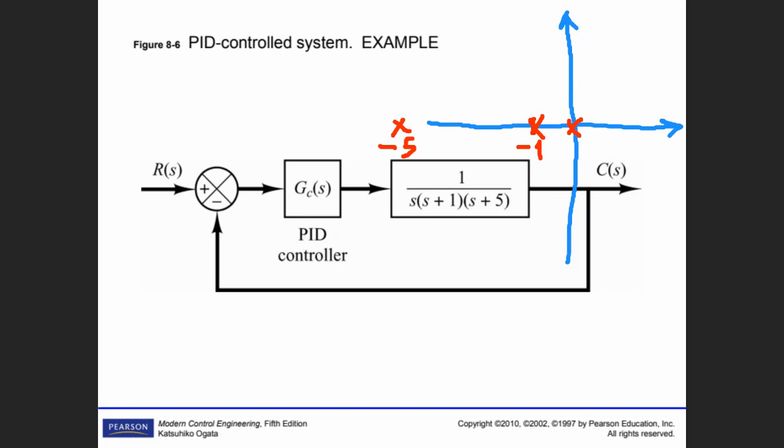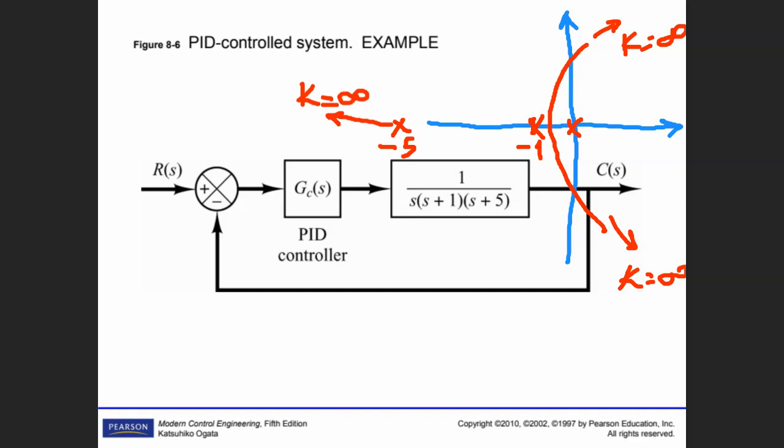We all know that the root locus curve is going to be something like this. And for k equal to infinity, it is going to change the closed loop poles.